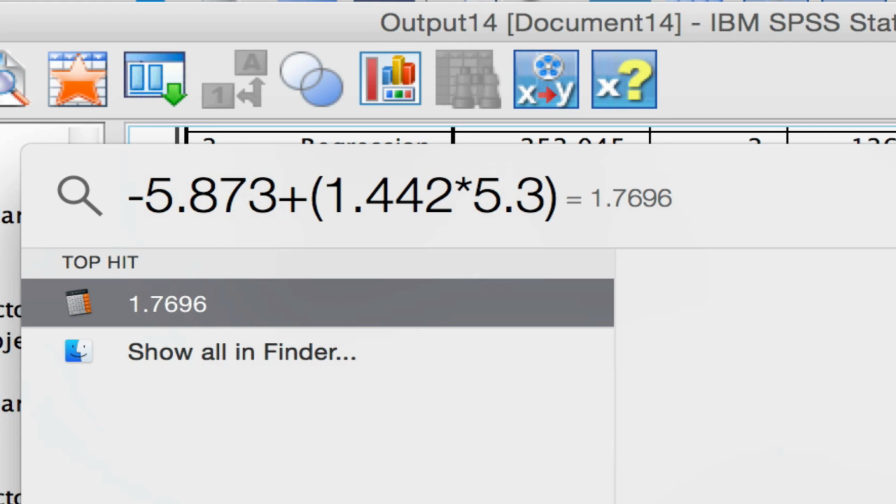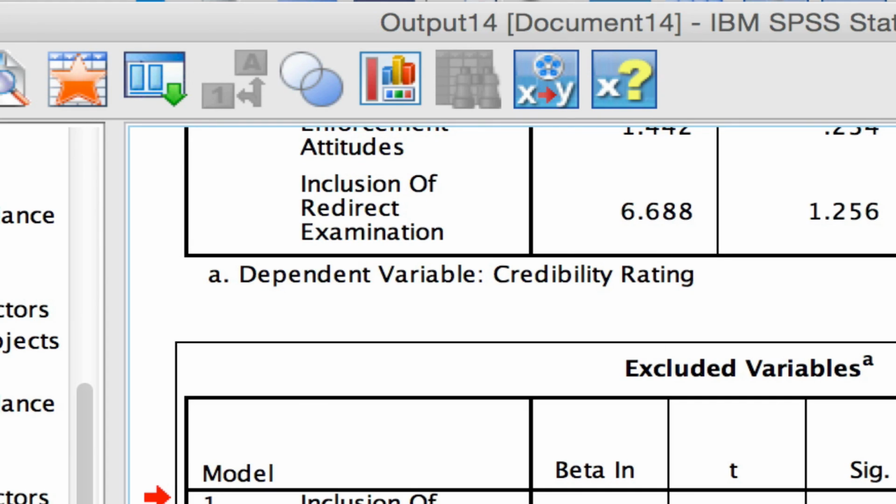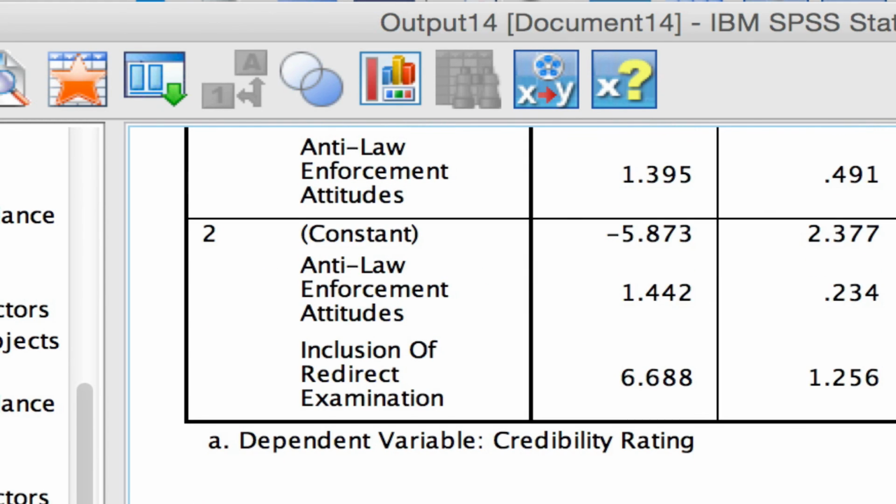Well, how do we work out the means for our individual groups? Well, we just substitute in the code that we gave for that group. So the experimental effect has a regression weight of 6.688.